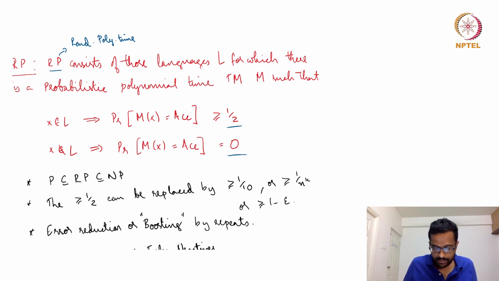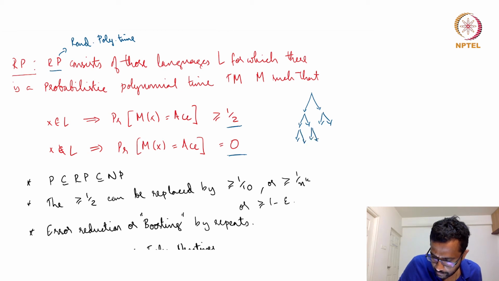Second, RP is a subclass of NP. Why is this? When is a language L in NP? Whenever x is in the language, it must have at least one accepting computation.